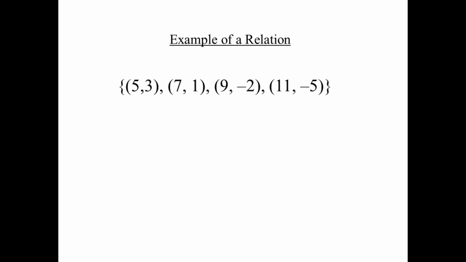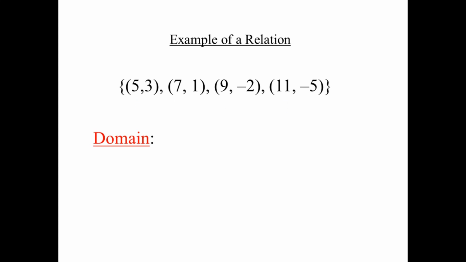Here's an example of a relation, which we just said was a set of ordered pairs. Now, this is a very simple relation. Many relations have infinite numbers of elements, in other words, infinite numbers of ordered pairs in them. The domain is the set of first elements.